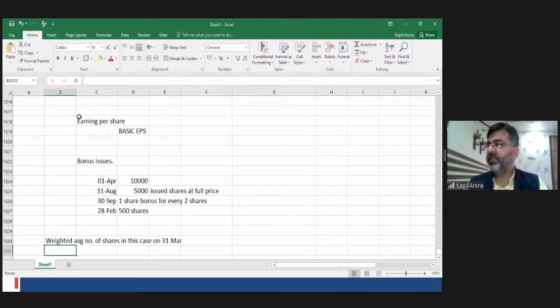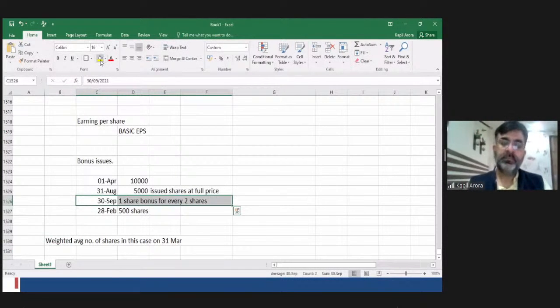I hope everybody understood the question here. What we need to find out is clear. The only thing which we need to consider is this bonus issue. So let's first understand the relevance of the bonus issue.